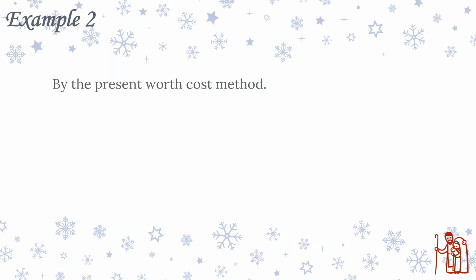Okay, we also have a solution here using the present worth cost method. Meaning, your costs that are already in present form, or your cash flows already in present form, stay as is. On the other hand, your annual cash flows, you convert into the present.